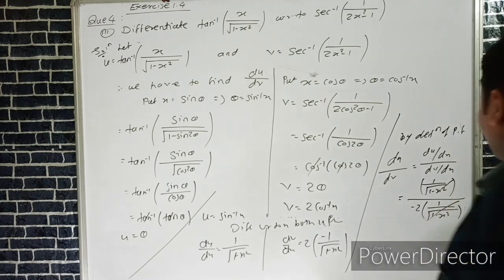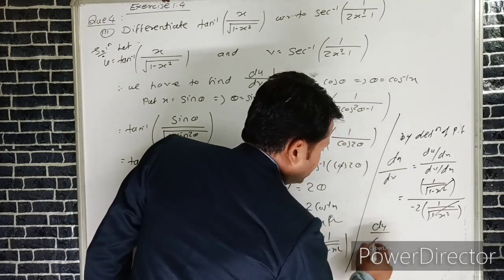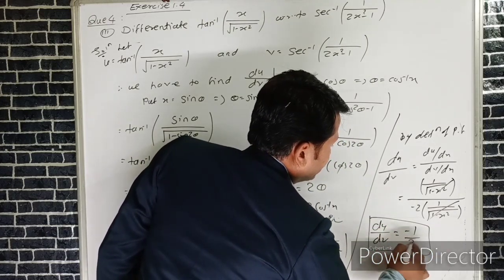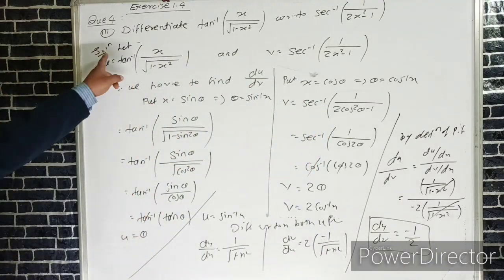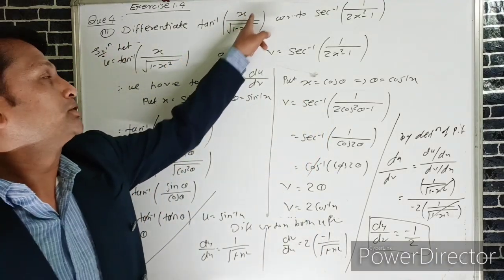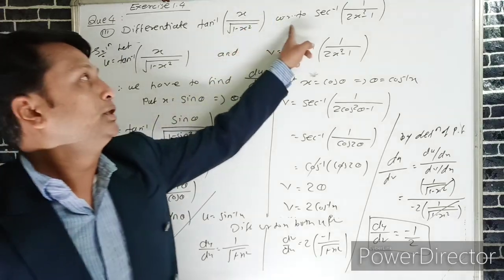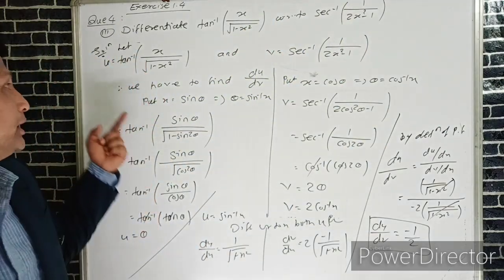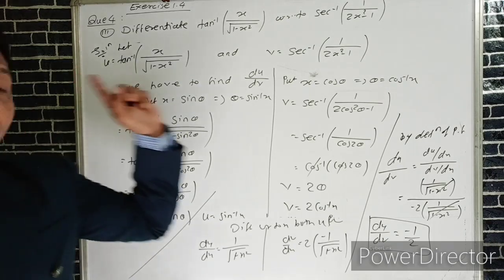Here the brackets cancel. The remaining value, du upon dv, is equal to minus 1 by 2, which is the required derivative of tan inverse of x upon under root of 1 minus x square with respect to sec inverse of 1 upon 2x square minus 1. That is, du upon dv is minus 1 by 2.